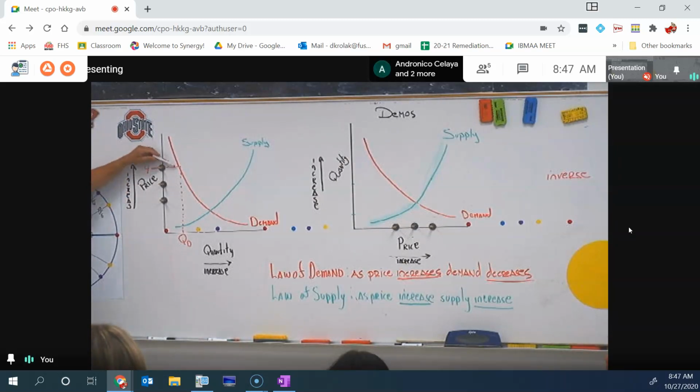Okay, if gas goes up to $4 a gallon, the demand for it is going to go down because people aren't going to want to spend $4 a gallon. They're going to try to find ways to not buy as much gas. Carpool, ride the bus, ride a bike, stuff like that. Don't take trips if they don't need to. So the quantity goes down.